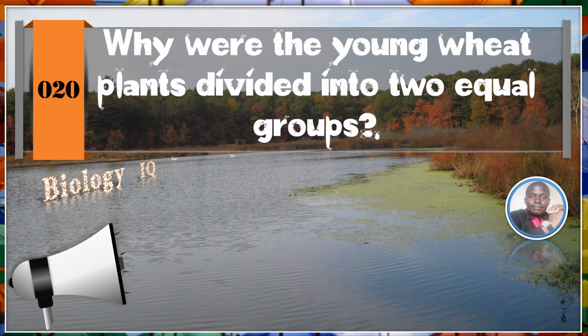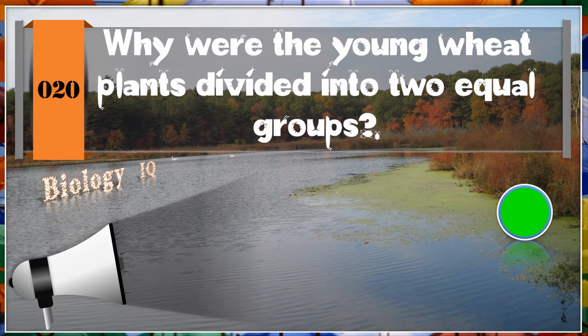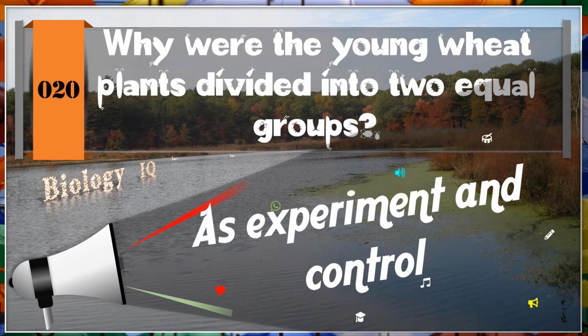Why were the young wheat plants divided into two equal groups? As experiment and control.